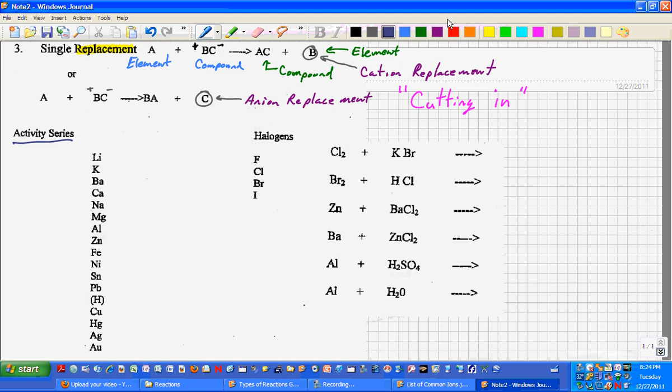What happens in an activity series is that an element can replace any element below it.